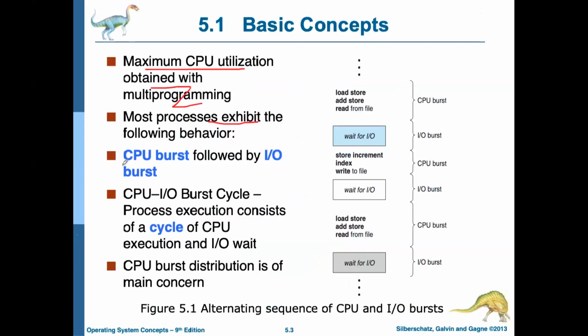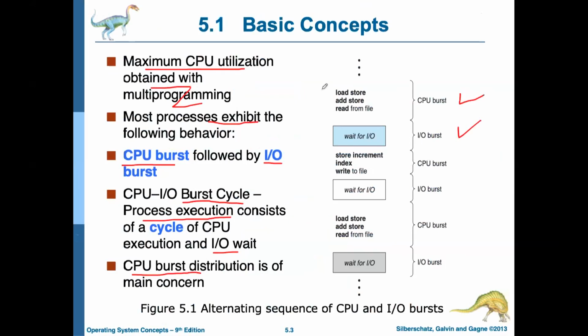First of all, CPU burst followed by I/O burst. CPU, I/O, like this example. And then the CPU I/O burst cycle, which is process execution, consists of a cycle of CPU execution and I/O wait. And CPU burst distribution is of main concern.